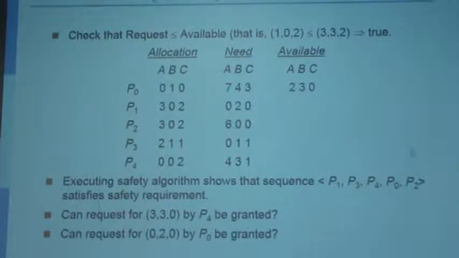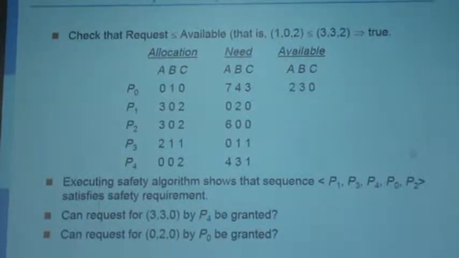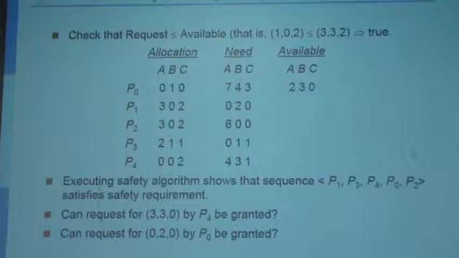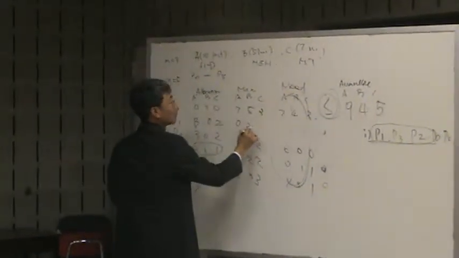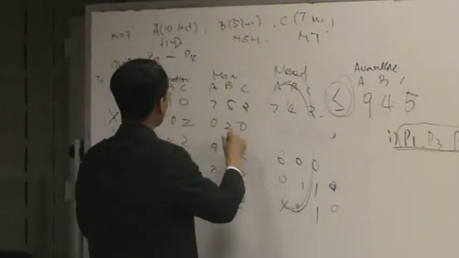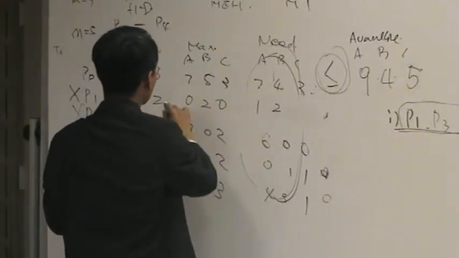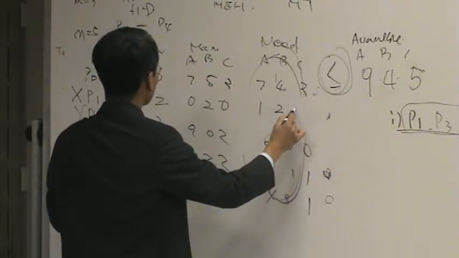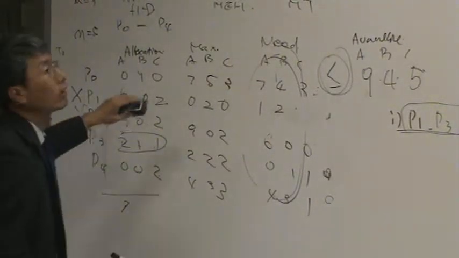Then what if P1 requests 1, 0, 2? So max minus 3, 0, 2 as a need.